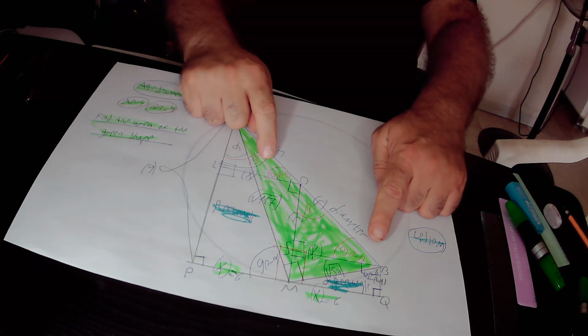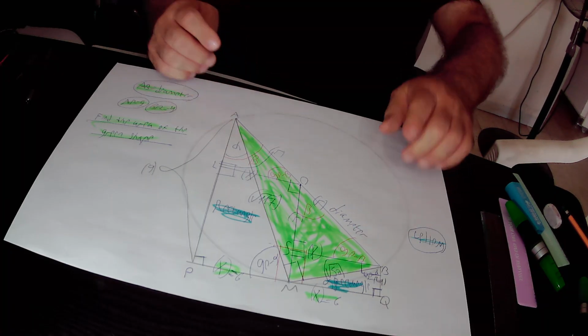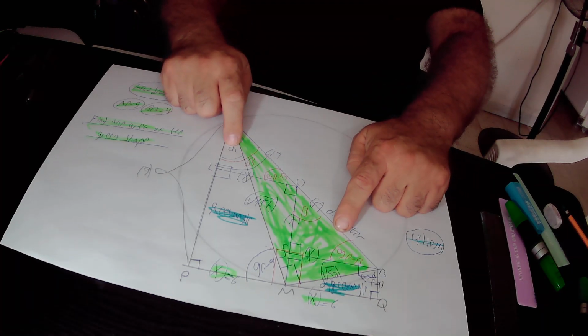And finally, those 2 angles are both equal to 90 degrees minus beta, and therefore they are equal to each other. So we prove that those 2 right triangles are congruent according to the angle-side-angle rule.